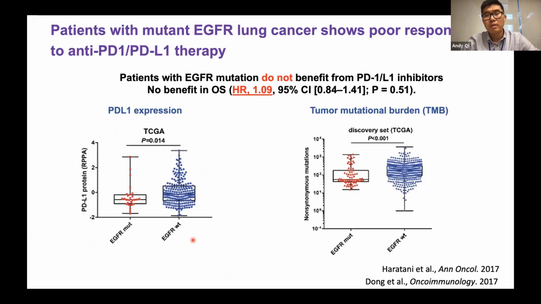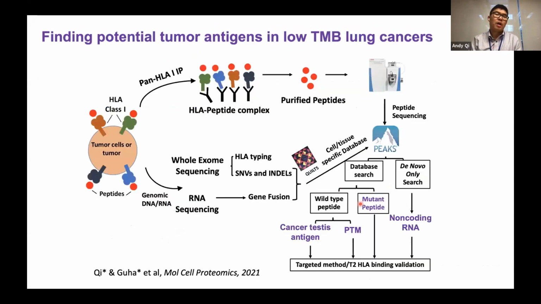And when we looked at why the patients do not respond well to checkpoint inhibitor therapy, one review paper mentioned that PD-L1 expression is low in EGFR mutant cancer versus EGFR wild type. And more importantly, the tumor mutation burden is also significantly lower in EGFR mutant lung cancer compared to the wild type.